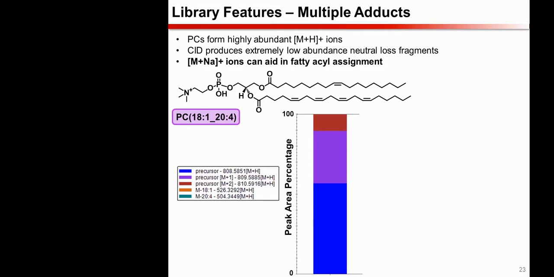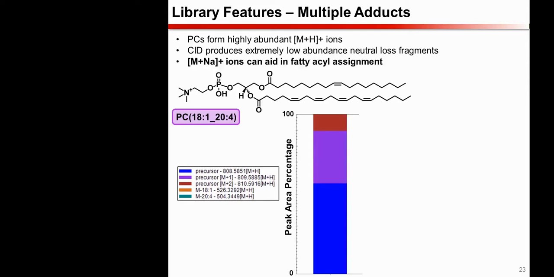And so for this example lipid, which is pretty representative of most PCs, we can barely see the neutral loss fragments that would help us in the annotation of this lipid, even though it has a very high signal. And so we wouldn't really be able to call it a PC 18:1/24 because we wouldn't be sure of those fatty acyl chains.